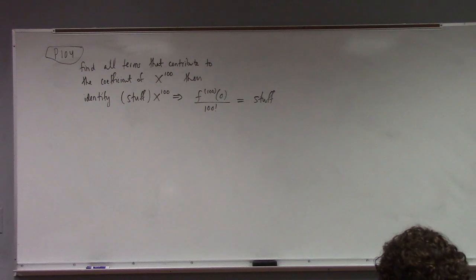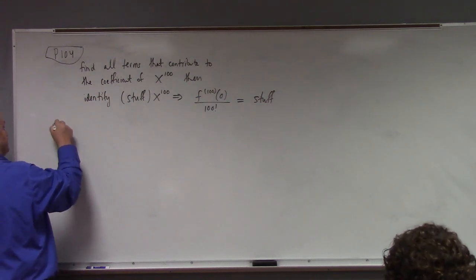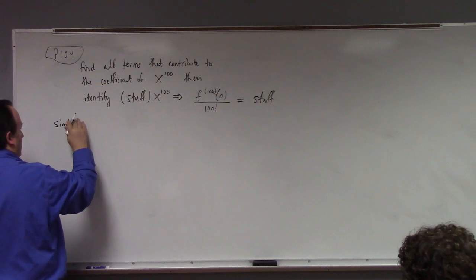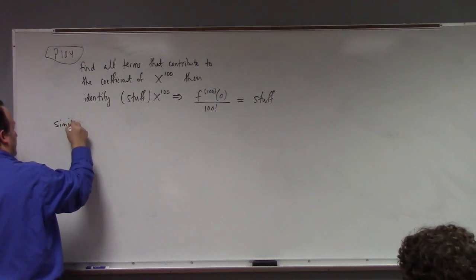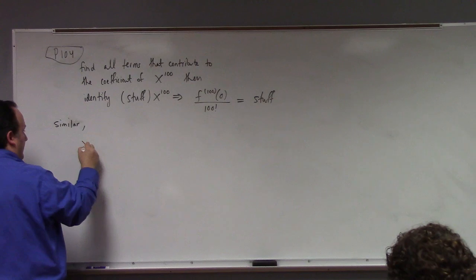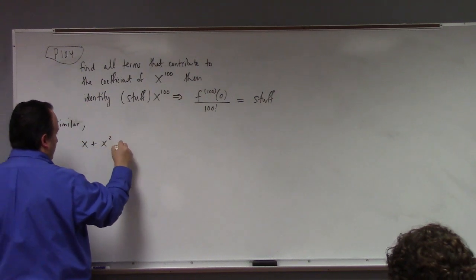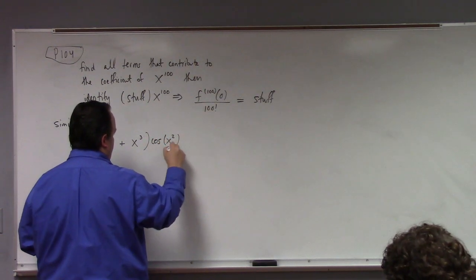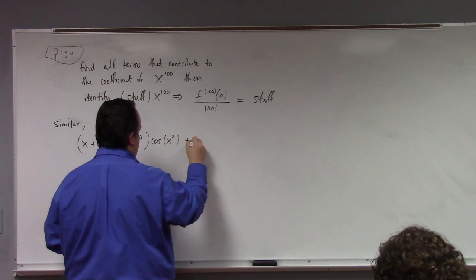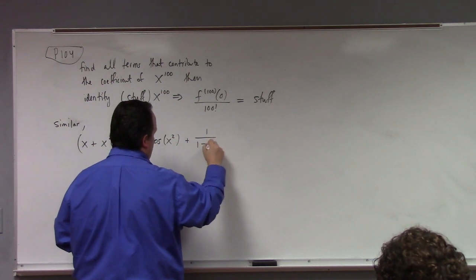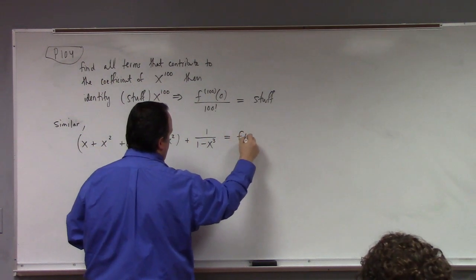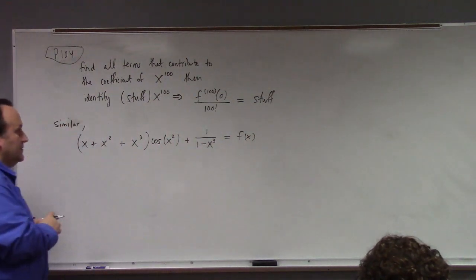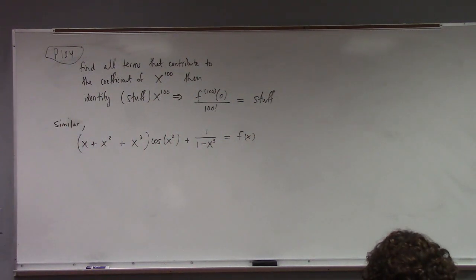Now, for that problem, let me write down something similar to it. Something like x plus x squared plus x cubed times cosine of x squared, plus 1 over 1 minus x cubed. You could have something like this and ask the question, what's the 100th derivative?